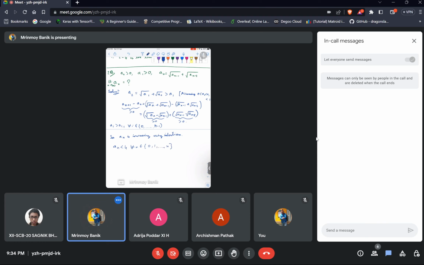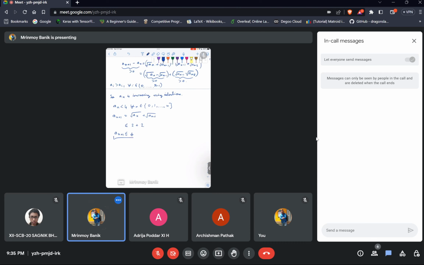So AN plus 1 is square root of AN plus square root of AN minus 1. So we know this is less than or equal to, the first one is 2, the second one is also 2, so less than or equal to 4. So it's straightforward that AN plus 1 is less than 4, therefore AN is less than 4 for all n.